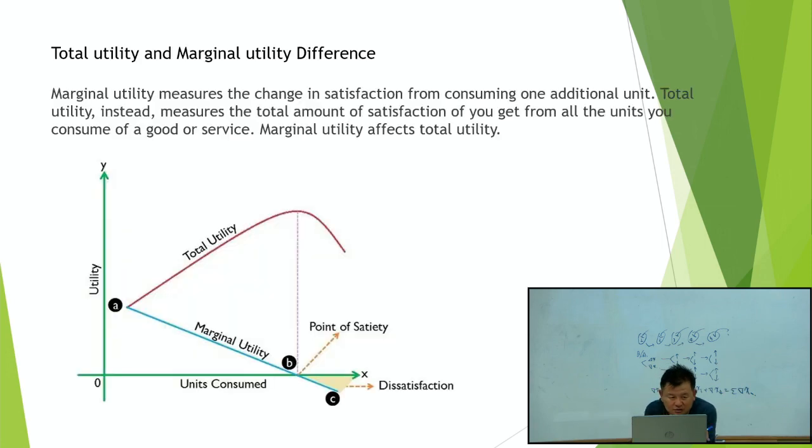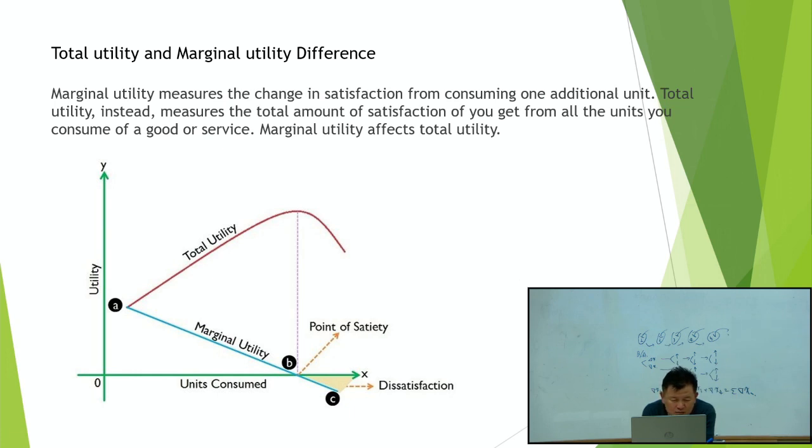Let me show you the graph. The total utility and the marginal utility are different. This picture shows that difference. Marginal utility measures the change in satisfaction from consuming one additional unit.